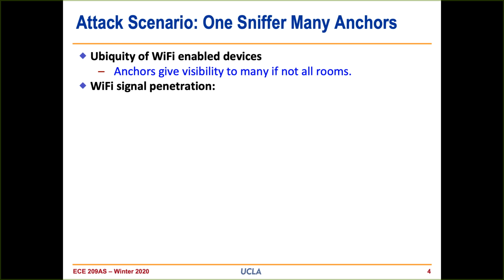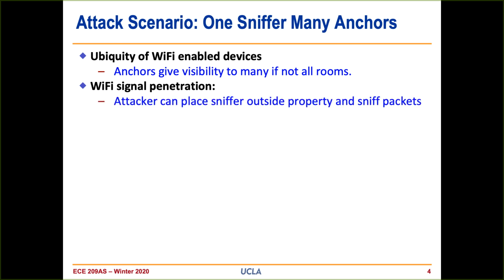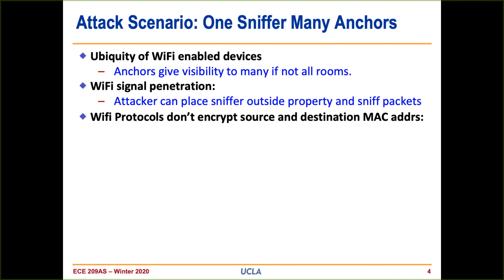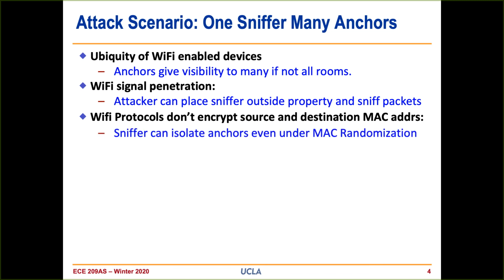Wi-Fi signal penetration: these signals exit outside of the house, which leaves an attacker the ability to discreetly store something outside of the location and listen in on these packets without disturbing the network. Wi-Fi protocols don't encrypt source and destination MAC addresses, which means the sniffer can isolate the anchors even under MAC randomization, which there's a separate paper linked showing how to do that.